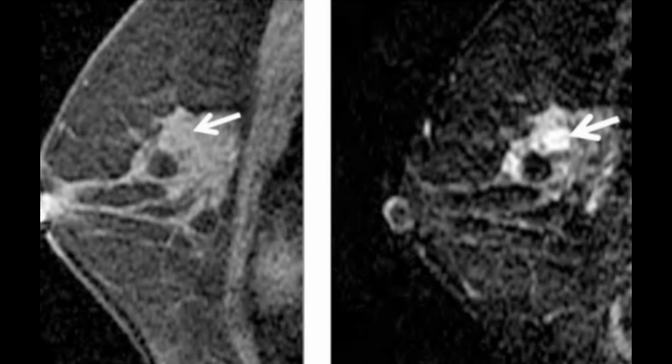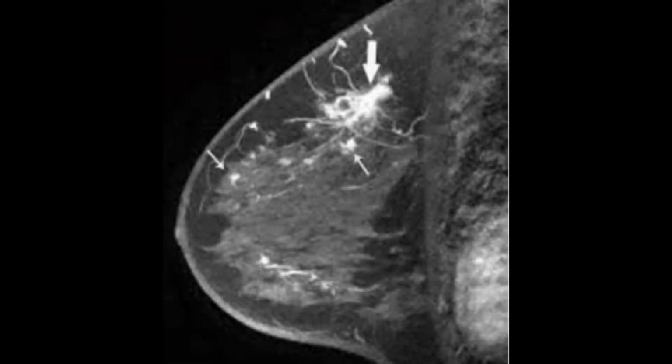This is very useful information. I do hope that you will love it. Here on this image again you can appreciate the cribriform pattern of low histological grade ductal carcinoma.